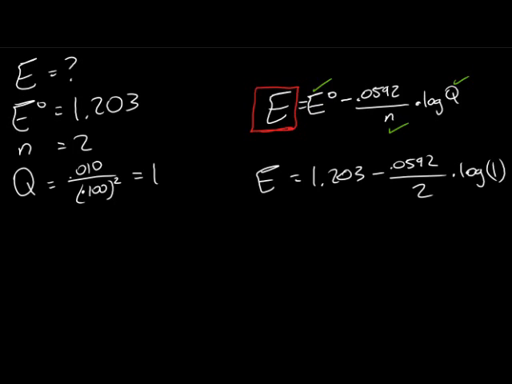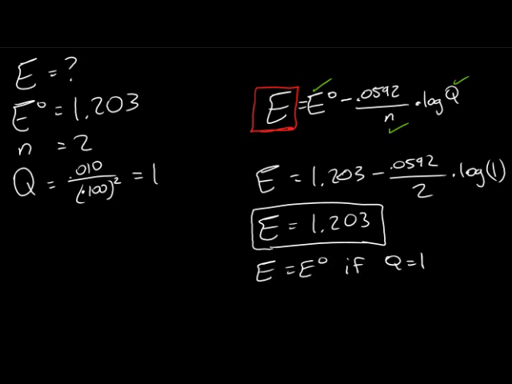Somewhat unusually, when we throw this number into a calculator, we'll end up with a cell potential of 1.203 once again. This will generally happen anytime Q is equal to 1. You'll have an E that is the same as the E standard. However, getting a Q that is exactly 1 tends to be fairly unusual.